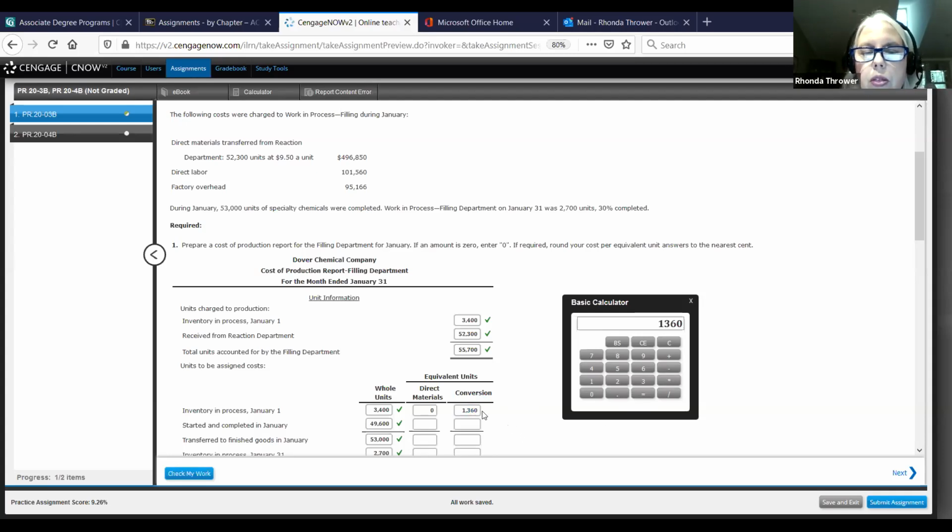So 1,360 are the units that I need to finish with respect to conversion of our beginning inventory units. 3,400 times 40% is how I got the 1,360.